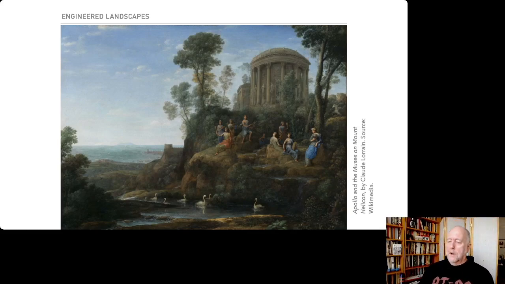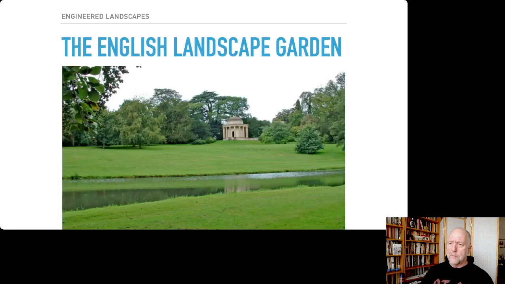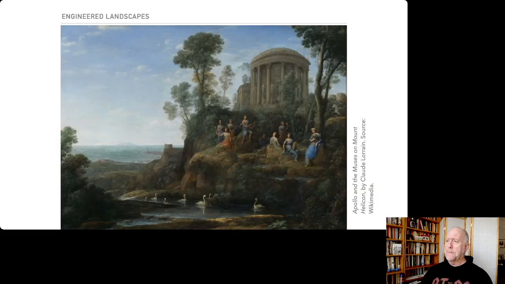Okay, so this slide shows a painting by Claude Lorrain entitled Apollo and the Muses on Mount Helicon, and if you have a look at that temple, you'll see that it's very much like this one here. Okay.